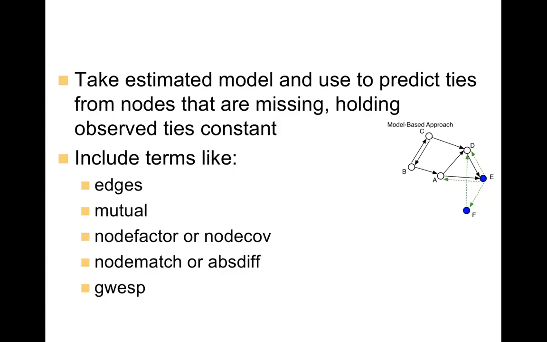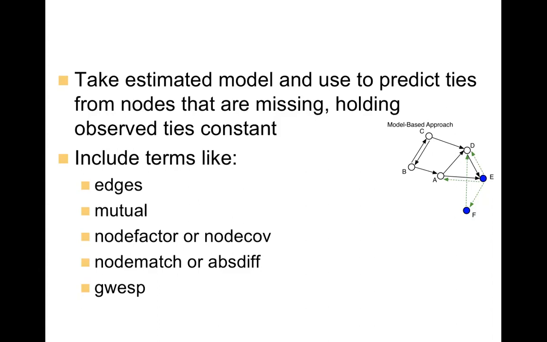If that's true, then when you go to impute your ties, if E and D, for example, are the same gender, it's more likely to impute a tie going from E to D. Or if mutual ties, reciprocated ties, are more likely to exist than asymmetric ones, then we're more likely to impute a tie from E to D than from E to C, for example.